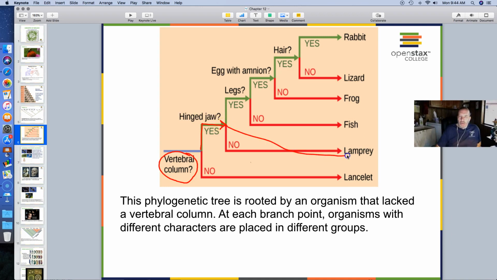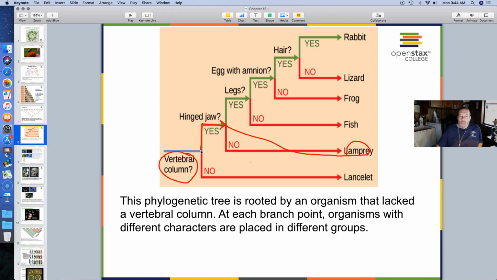If we say no, then that takes us to a type of fish called a lamprey. They've actually got kind of a sucker type mouth. They're kind of an eel-looking thing that'll latch onto the body of a fish and, almost like a vampire, suck body fluids out of it to feed itself.